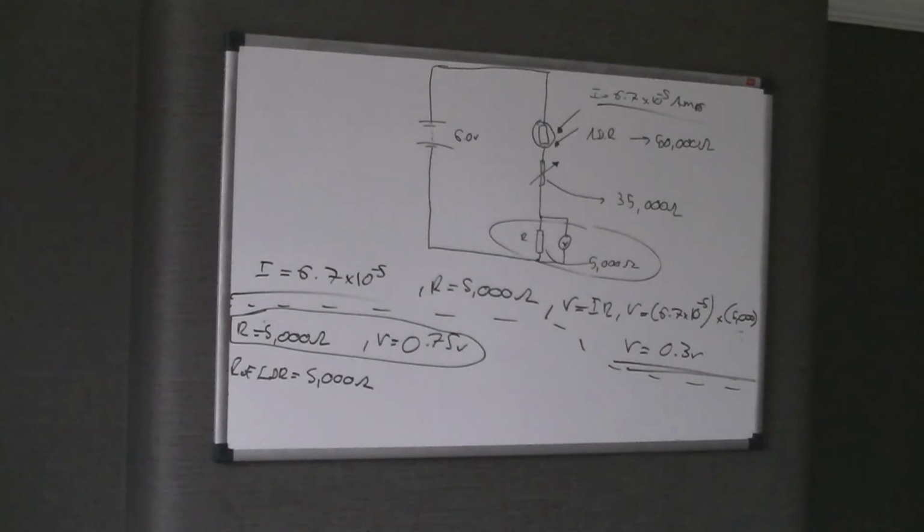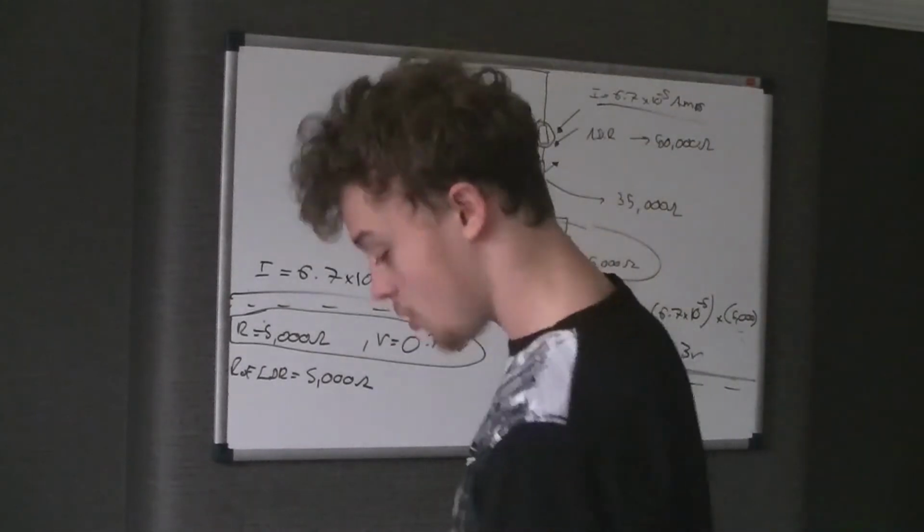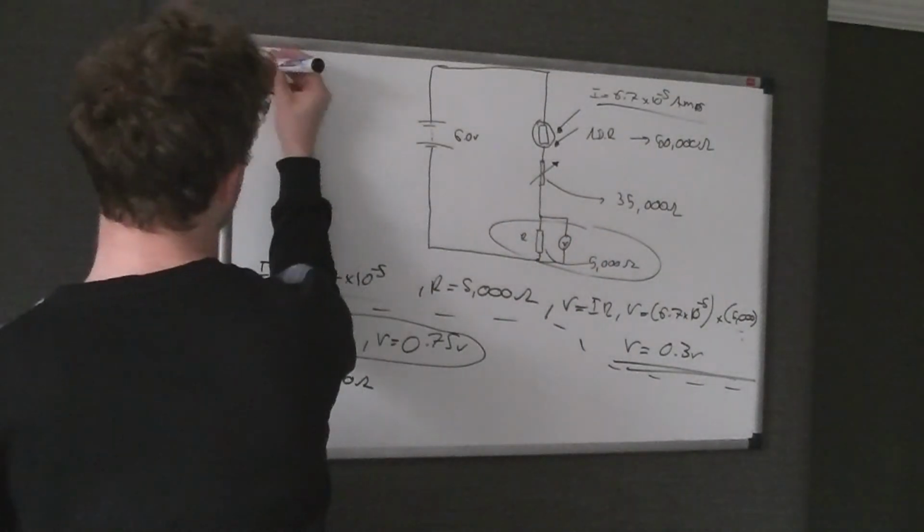Well, we need to think first of all about the current. As I said, the current in a series circuit is the same throughout. We know that the potential difference across R is 0.75 volts, and the resistance of R is 5,000 ohms. So we again use V equals IR.